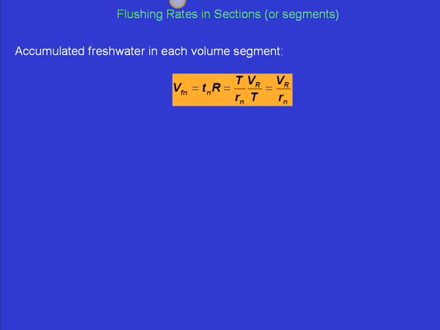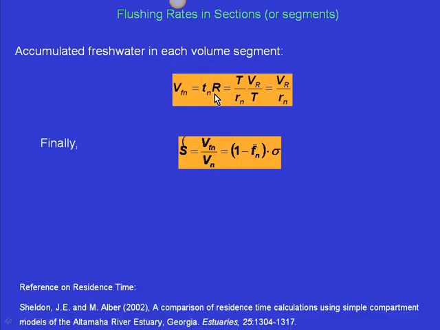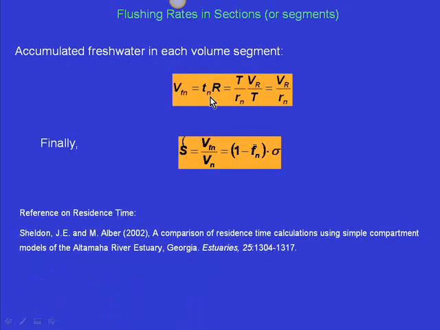And then we can determine the accumulated fresh water in each volume segment, which is the residence time multiplied times the river discharge. So notice that this is in time, and this is in cubic length over time.